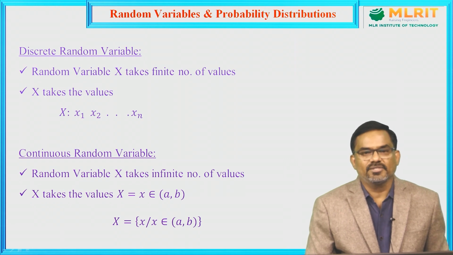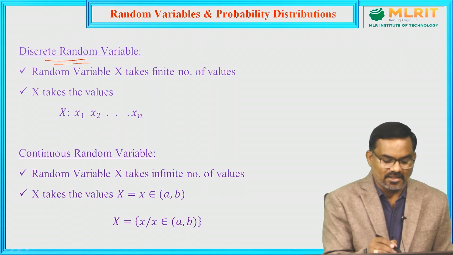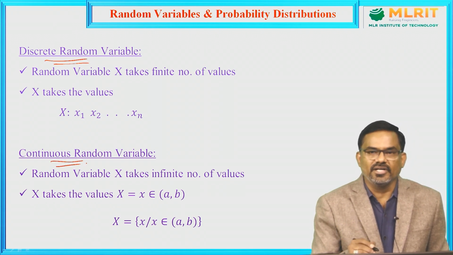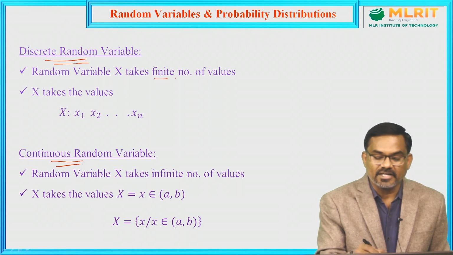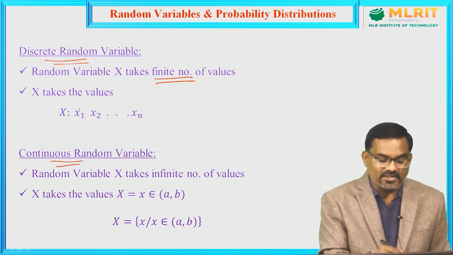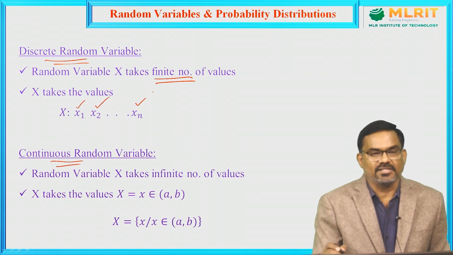The random variables are of two types. One is discrete random variable and the other is continuous random variable. A random variable is said to be discrete if X takes a finite number of values. That means, here X takes x1, x2 and so on up to xn.